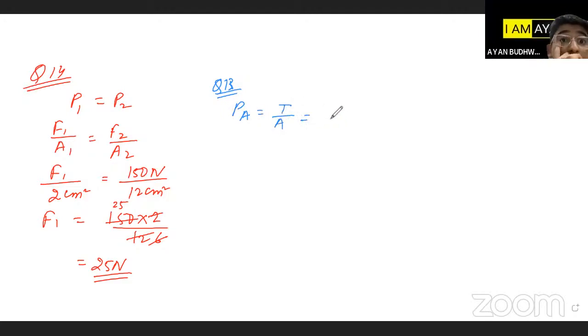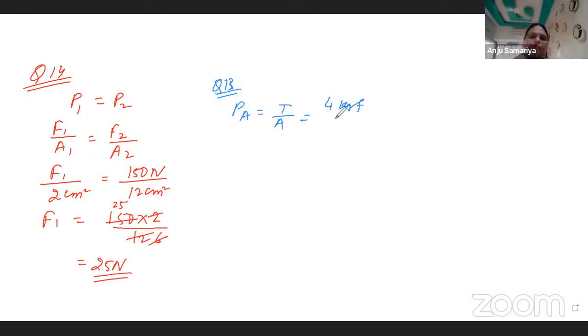So thrust will be 4 kgf upon area, which is 8 centimeter square. You can give the answer in centimeter square.